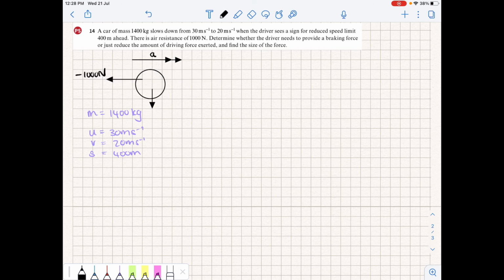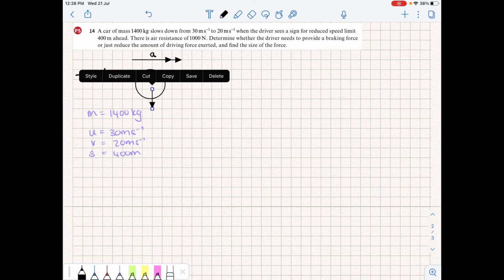So the way I would approach this question is to say, well, let's make an assumption that the car can reduce its speed in this 400 meters and determine what kind of net force we need to have in order for this to happen. Okay, so we're going to make the assumption that this can happen and see what results.